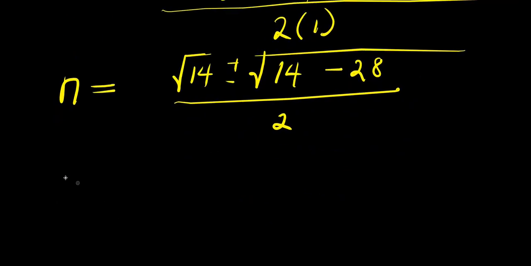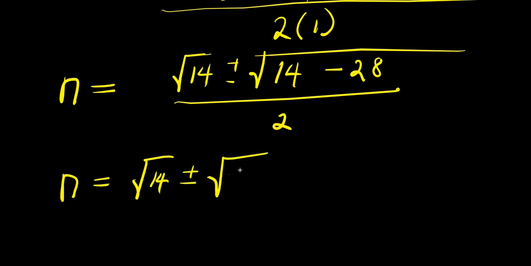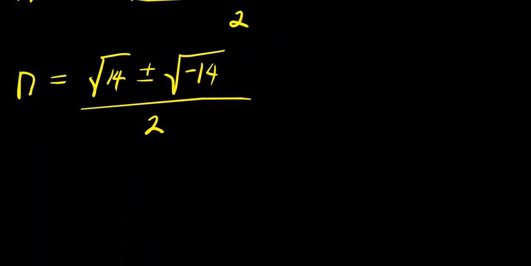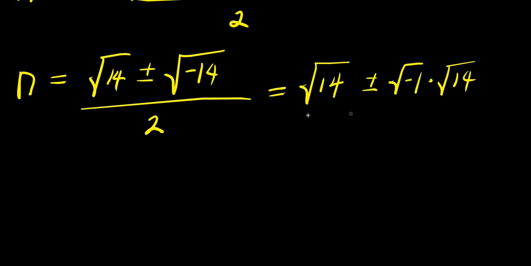So from here, we have n equals root 14 plus or minus square root of negative 14 divided by 2. So this simply means root 14 plus or minus, there's minus here, square root of negative 1 times square root of 14, divided by 2.